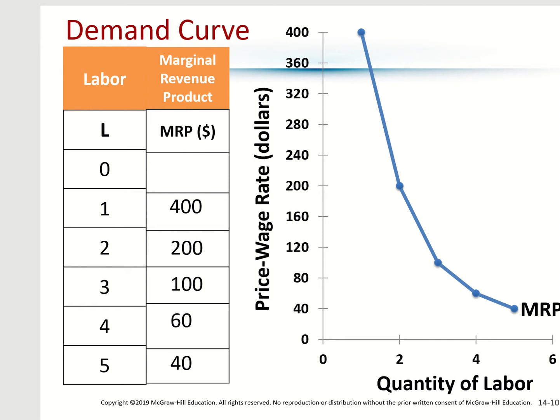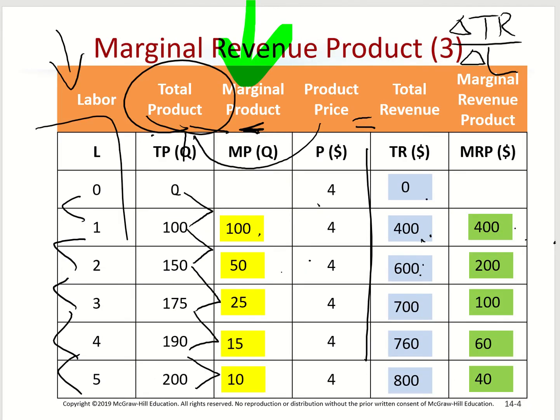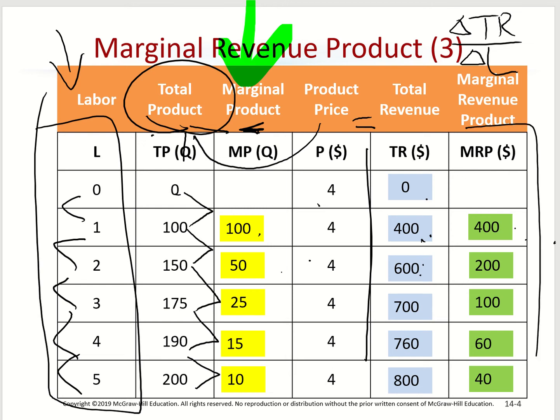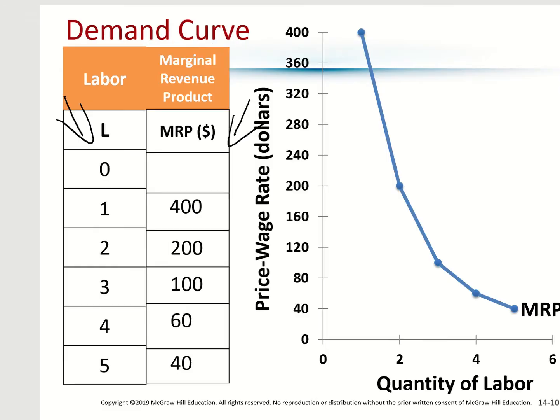So if you plot your labor along with the marginal revenue product, the one we just did before in this table here, the labor column and then the marginal revenue product column, if you graph that, it looks something like this. Does this look familiar to you?